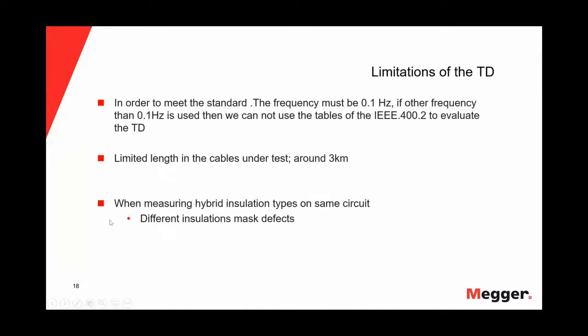And then another major factor is when measuring hybrid insulation types on the same circuit, i.e. you have some EPR, some PILC, maybe some of it is XLPE, and you've tied that in. The different insulations will mask the defects depending on what insulations you have in that circuit. And these are the limitations of all tan delta values. And of course, if you're not using the 0.1 hertz and the 3 steps, there's no table to compare to.